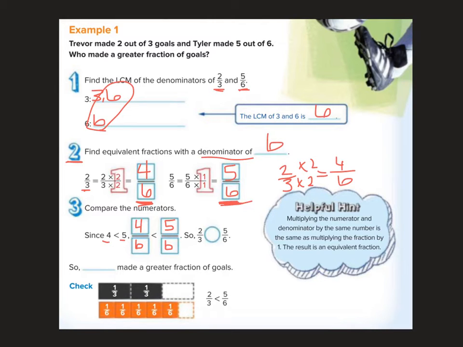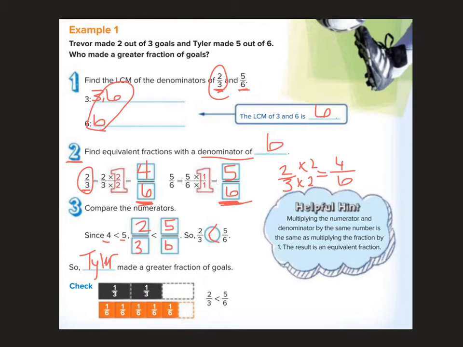And really, I shouldn't be writing in 4/6 though. I should be writing in the original number that we were talking about, which was 2/3. So 2/3 is less than 5/6. So, who made the greater fraction of goals? That would be Tyler.